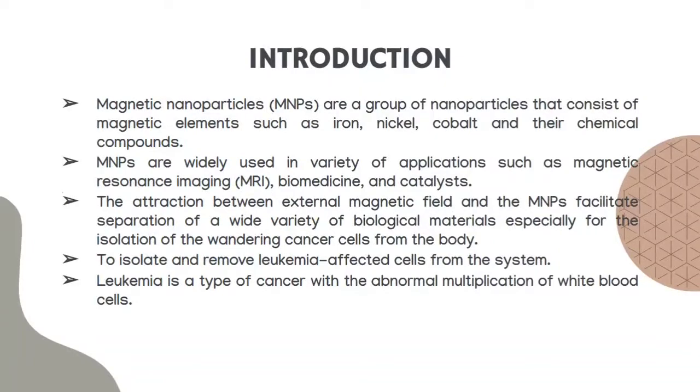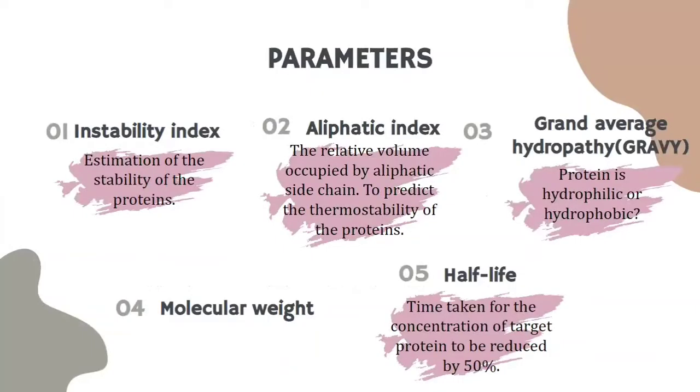Okay, next. For the parameters that we have identified from this article, there are instability index, aliphatic index, grand average of hydropathicity (GRAVY), molecular weight, and half-life. The first parameter is the instability index.